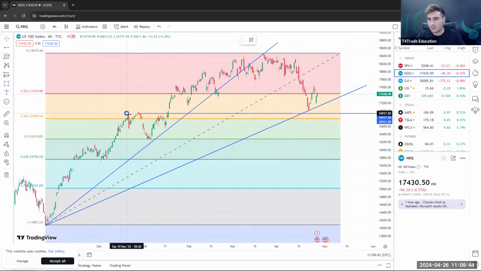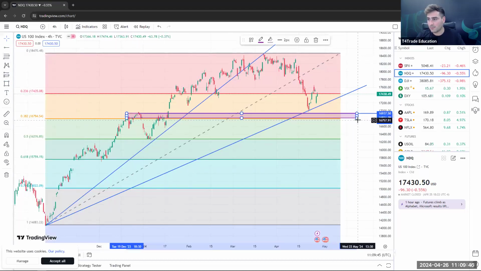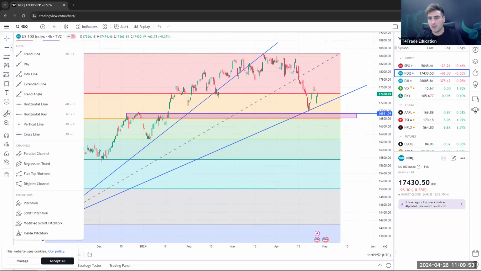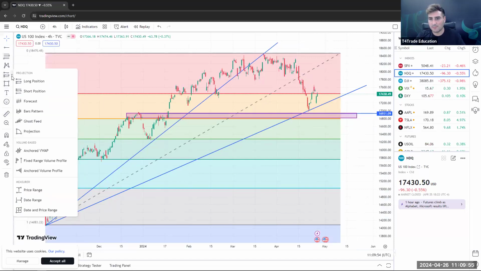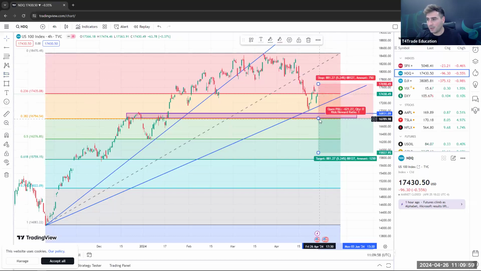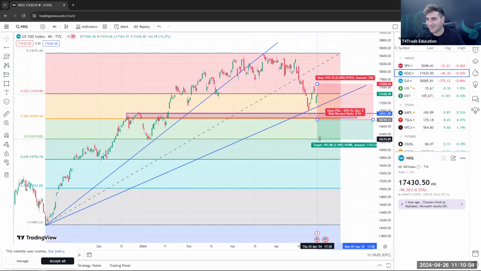So this area is crucial for me. I need to see a complete breakdown of the price action below this kind of level. So in order for me to place a short order, ideally it would be somewhere in here, with a target somewhere down there for a take profit and a stop loss up here.